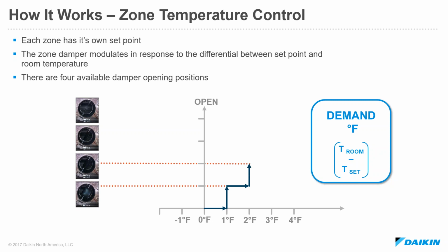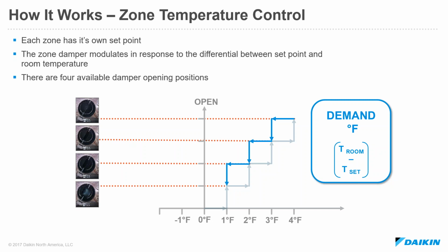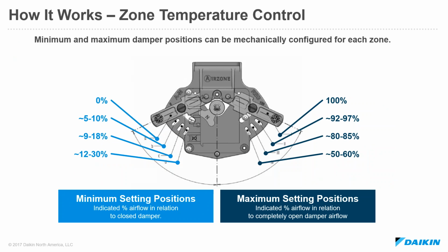As that set point drifts away from room temperature, the DZK will adjust the damper position open, and then as we start to bring that room temperature back down to set point, the DZK simply modulates that damper closed. Eventually you get to a point where you close the damper, and you have 4 different steps of capacity control as we open the damper position.